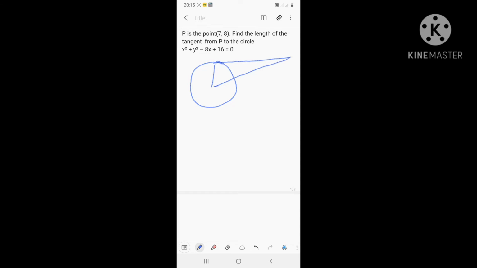Let me join them all. So now the external point, which is P, and the tangent point, which is T, the center O.